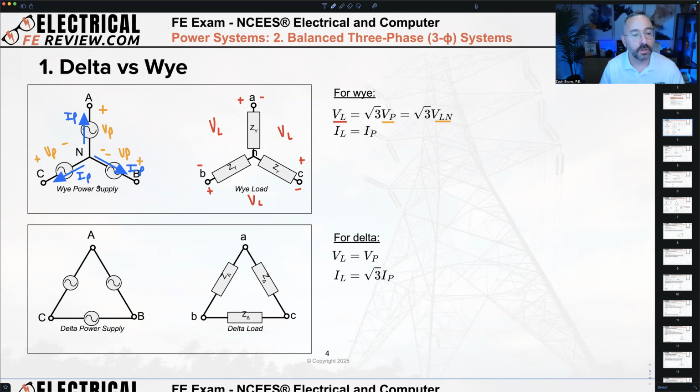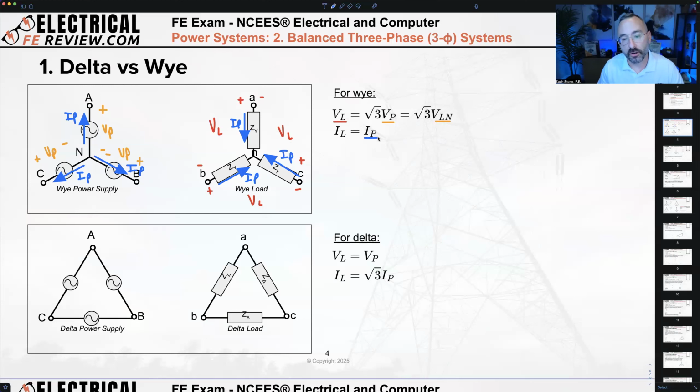Notice on the power supply, it's leaving from the neutral. All right, looking at the right on our load, here's the A phase current on our load, this time flowing into the neutral. Here's the B phase current on our load, flowing into the neutral, and our C phase current on the load, flowing into the neutral.